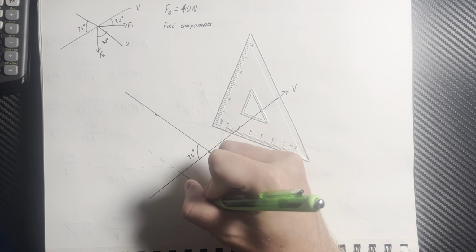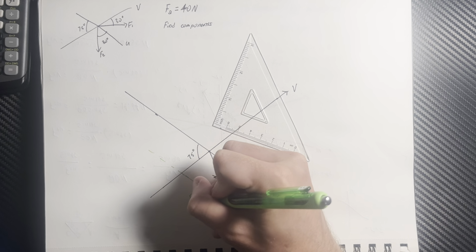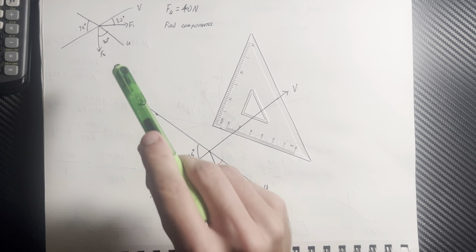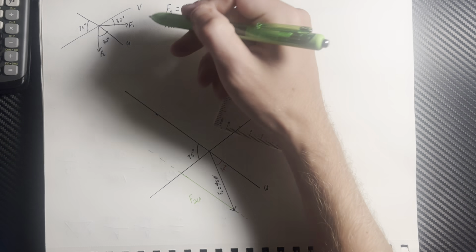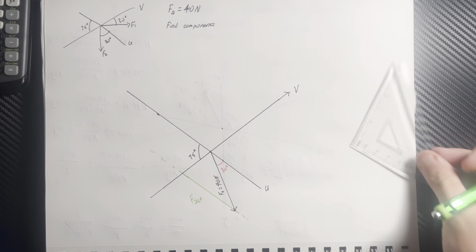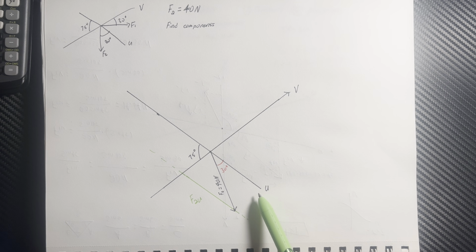So this line is F2U. It's F2U and not F1U because we are focused on the force F2. If we were working with the force F1, it'd be F1U, but this is F2U. And it's U because it's the parallel line of the vector line U here. So because it's parallel to U, it is the component of force 2 in the U direction.